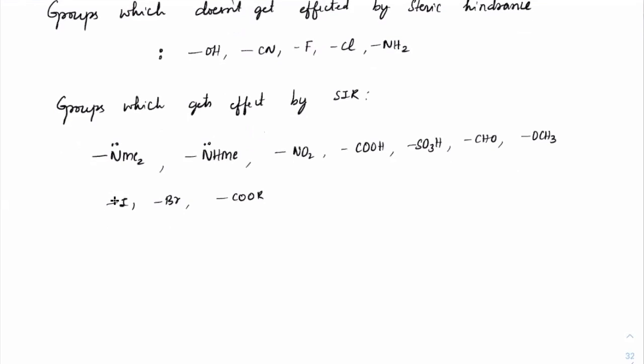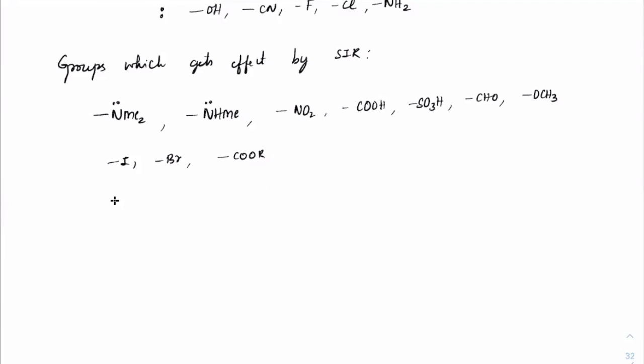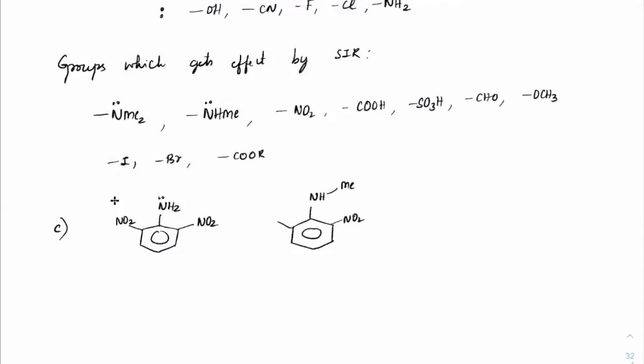Okay, I'll show you one example here. Suppose you have NH2 here and two bulky groups like NO2 and NO2, got it? And then we have NHMe here, NO2 and NO2.